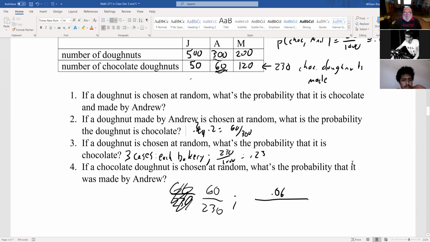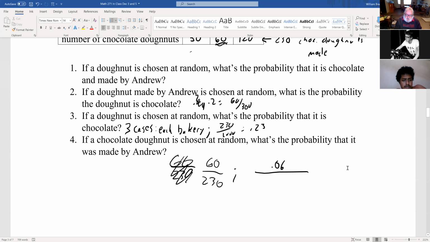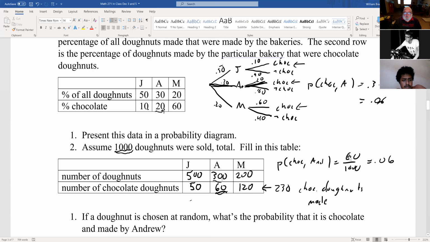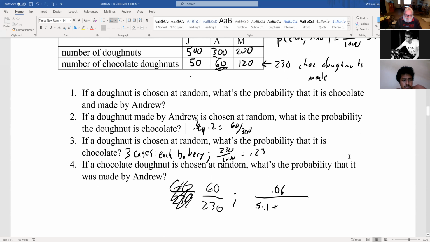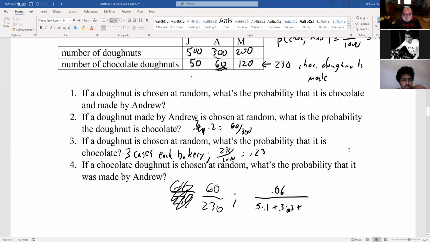And then you have to divide it by the probability of getting a chocolate donut, which is the probability that you get a chocolate donut from Jane, which is 0.5 times 0.1, plus the probability that you get a chocolate donut from Andrew, which is 0.3 times 0.2, plus the probability that you get one from Morgan, which is 0.2 times 0.6.